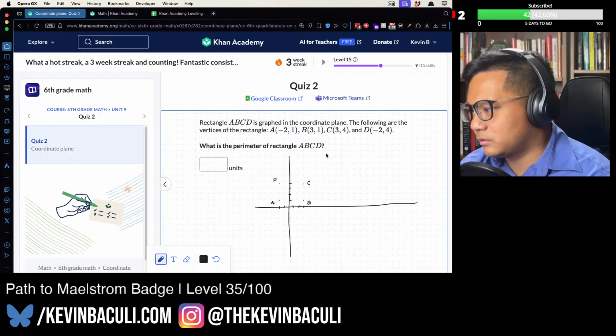Counting 1, 2, 3, 4, 5, and 1, 2, 3, 15 units.